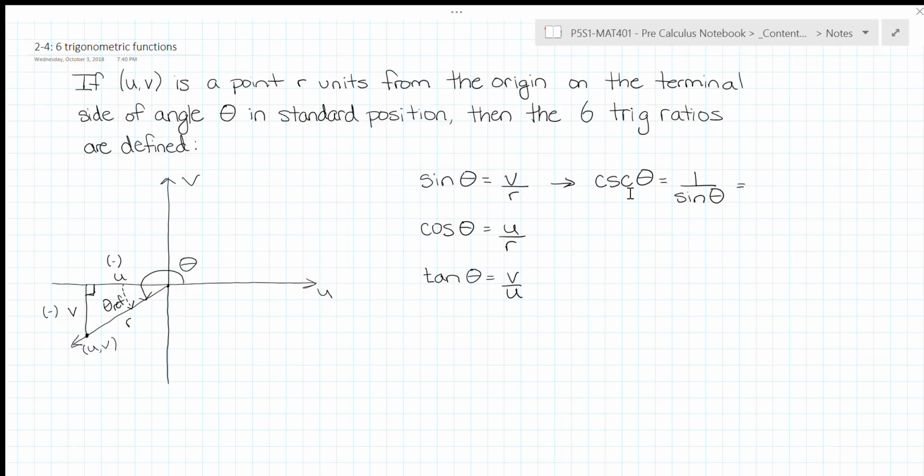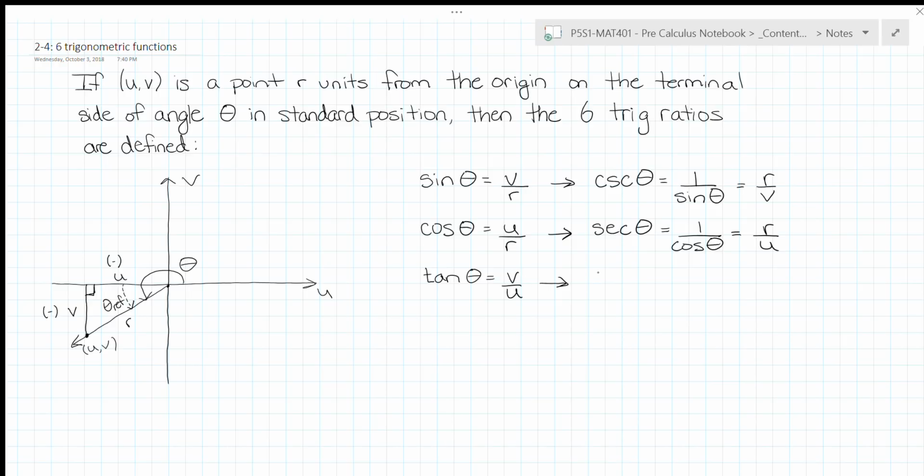Reciprocal would just be r over v. The reciprocal of the cosine is the secant ratio. Secant of theta is 1 over the cosine of theta. That's the helpful way if you're trying to evaluate this with your calculator. Or you can think about it as r over u, the reciprocal of that fraction.